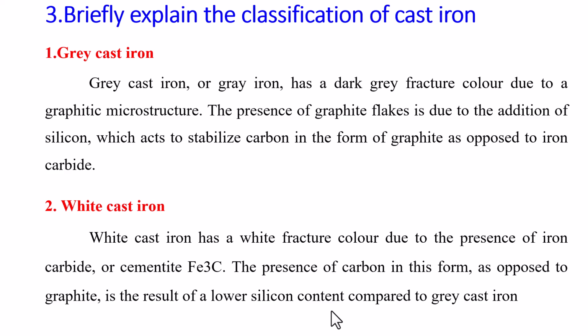The presence of carbon in this form, as opposed to graphite, is a result of lower silicon content compared to grey cast iron. That is why carbon is in the form of cementite.